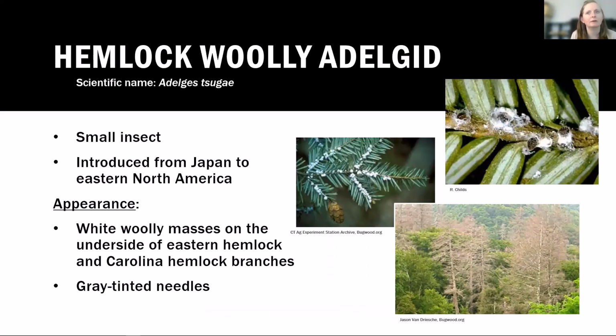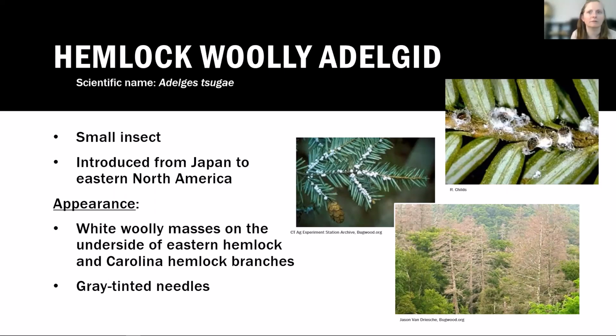And then hemlock woolly adelgid is a big one in forestry. It's an insect in the Hemiptera order, the same group as the brown marmorated stink bug, which a lot of people know from being around their homes in the warmer months. And it's an insect with sucking mouth parts that was brought to North America from Japan.